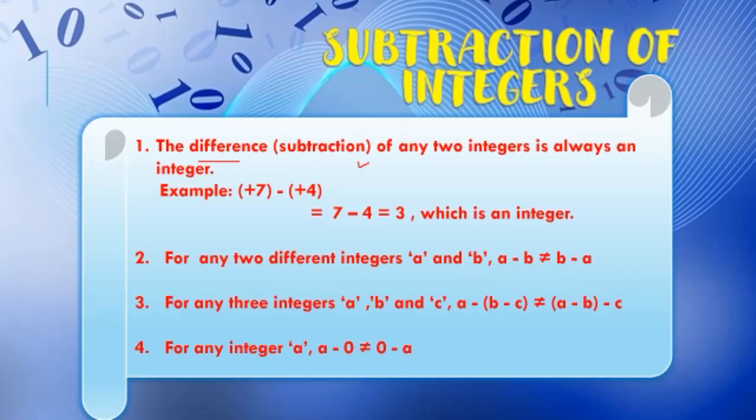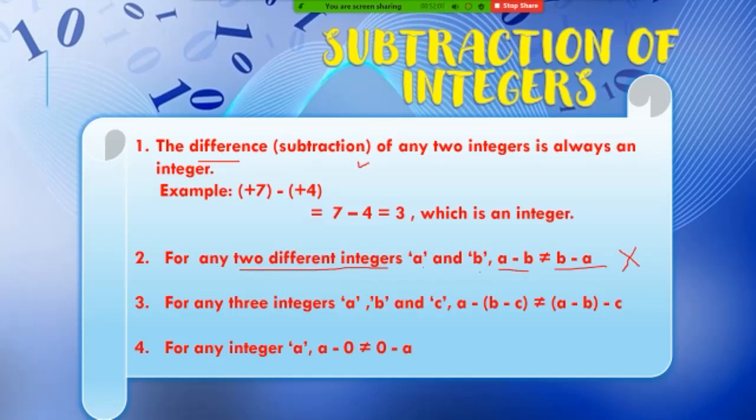So it holds true for subtraction also. Now next was the commutative property. For any two different integers a and b, a minus b is not equal to b minus a. So the commutative property does not hold true for subtraction. Now next was the associative property.